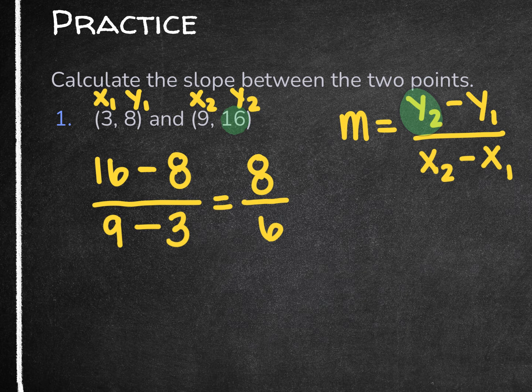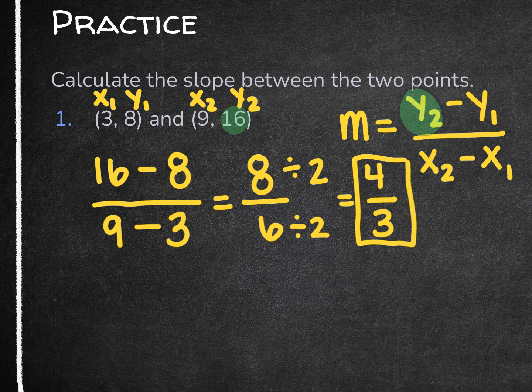The number that divides 8 and 6 is 2. So we're going to reduce the fraction by 2. Take 8 divided by 2, and that gives me 4. And take 6 divided by 2, and that gives me 3. My slope is 4 over 3.